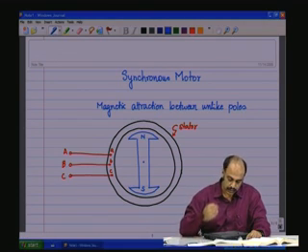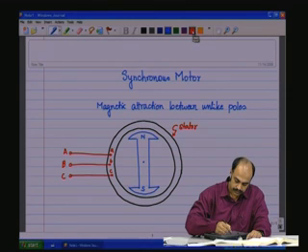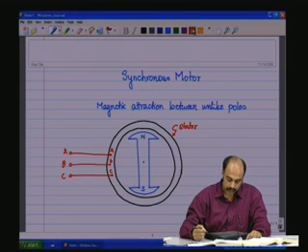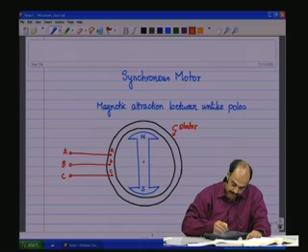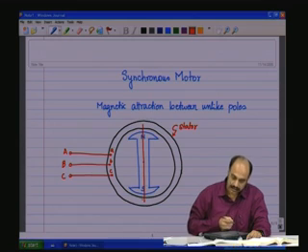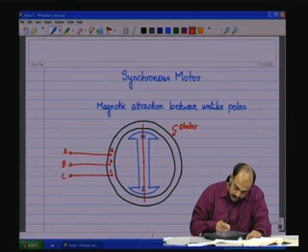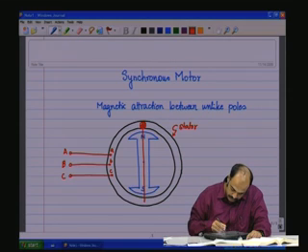Now this is going to produce a magnetic field, and I will put that one as an imaginary magnetic field in the shape of a dumbbell as shown here.